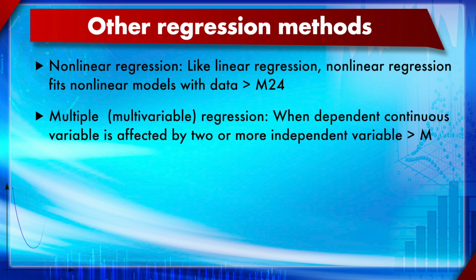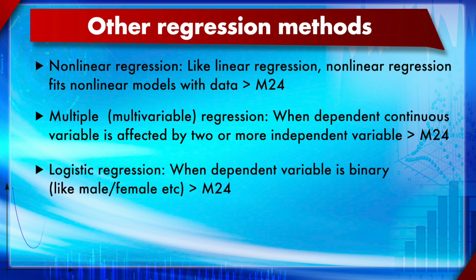Multiple or multivariable regression: when one dependent continuous variable is affected by two or more independent variables, you can use this kind of multiple regression that we are explaining in module number 24. The earlier one, non-linear regression, will also be covered in module number 24.